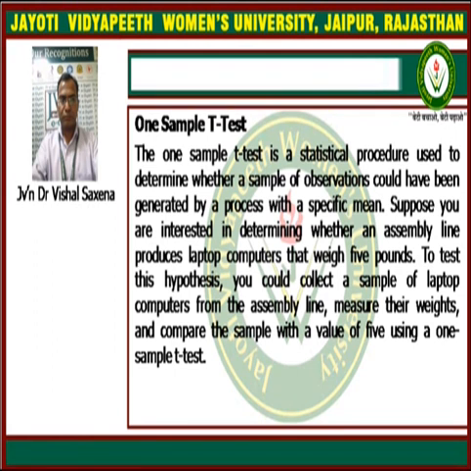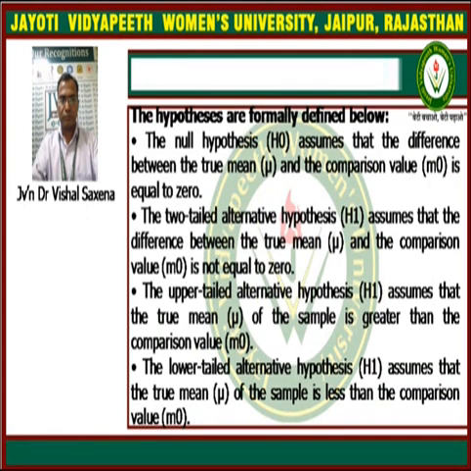To test this hypothesis, you could collect a sample of laptop computers from the assembly line, measure their weights, and compare the sample with a value of 5 using a one sample t-test. The hypotheses are formally defined below.